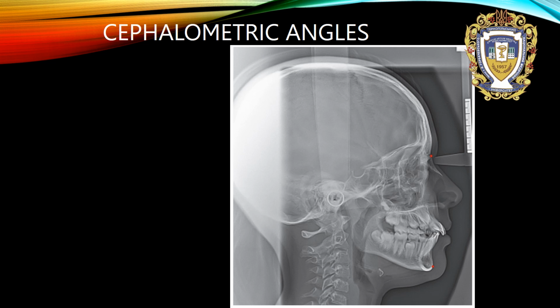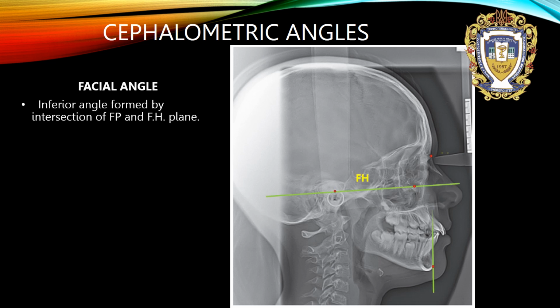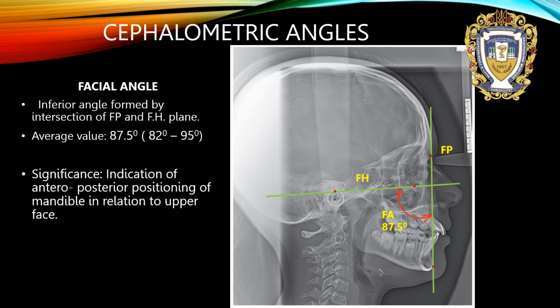First one called facial angle. Inferior angle formed by intersection of Frankfurt horizontal line and facial plane. Average value 87.5, but can be from 82 to 95 degrees.